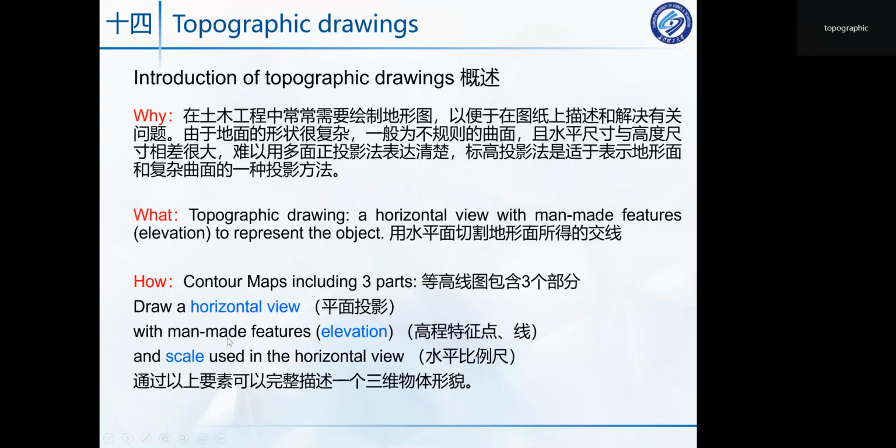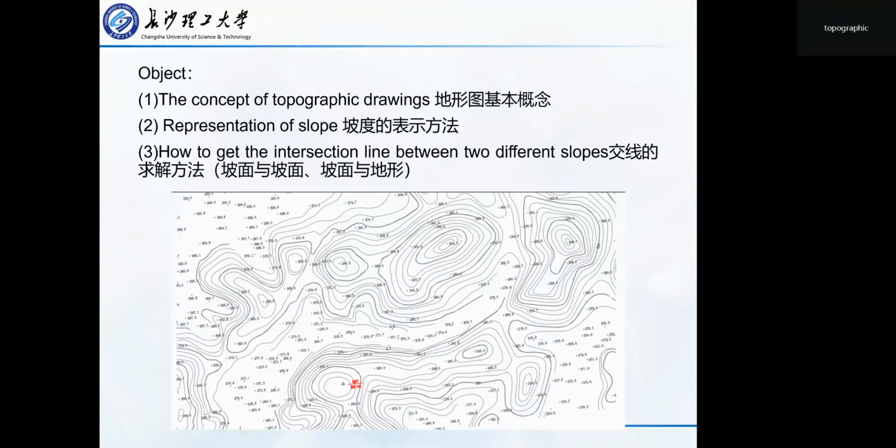And with the elevation, the elevation is the irregular curve you have seen in this map. Here is the elevation, and this point is also an elevation.